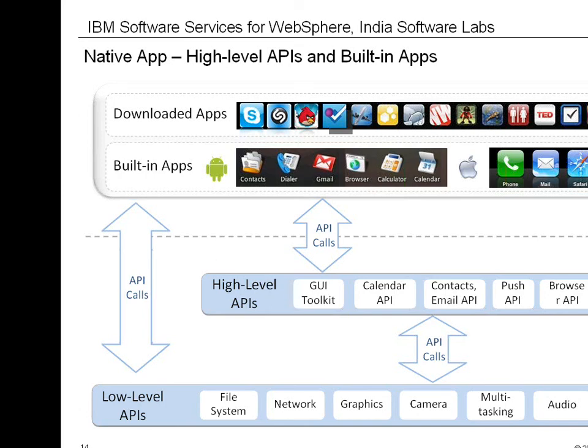The other way the mobile OS exposes these high-level services is by making them accessible to downloadable native apps. So they provide high-level API calls, which along with the low-level APIs you can use to access calendars, contacts, push APIs as well as the browser.